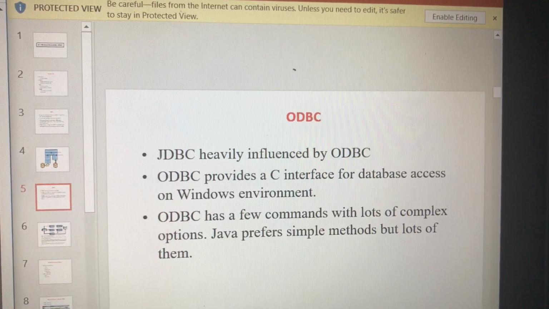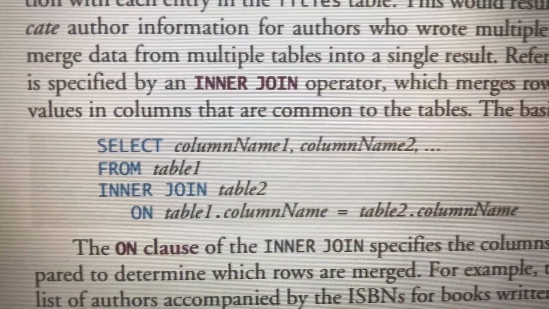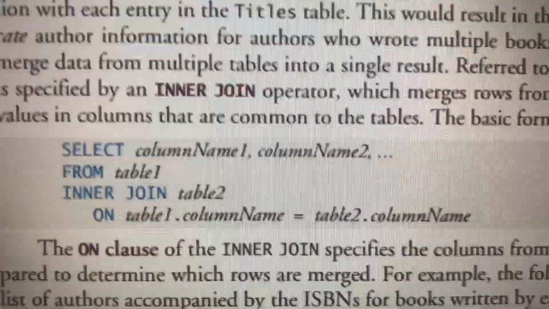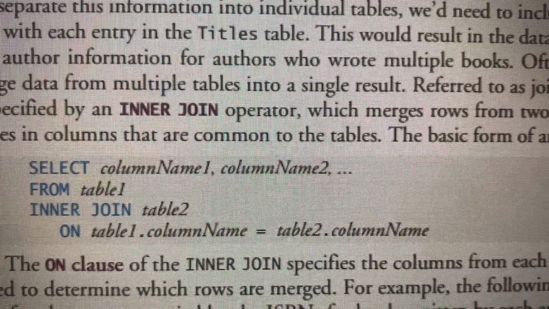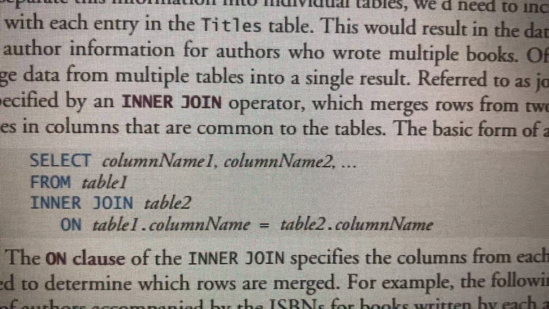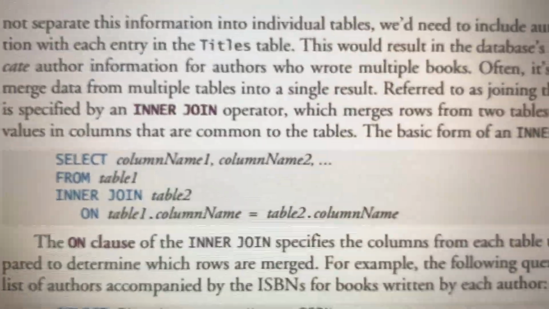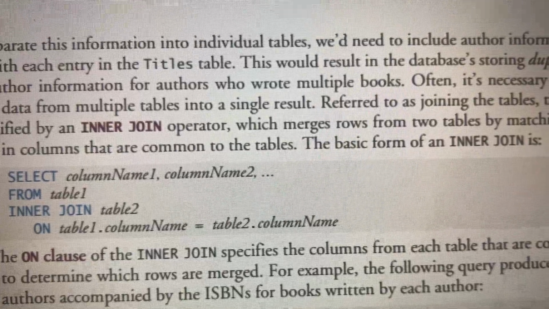The basic form of the INNER JOIN is: SELECT column name 1, column name 2 FROM table 1 INNER JOIN table 2. In the example, we select columns from two different tables, one column from the first table and one column from the second table.